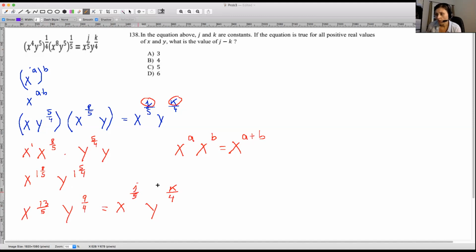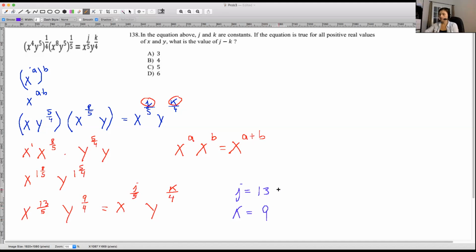So therefore, j in this case equals 13. And then if we look at y, we've got 9/4, and that would be equal to y to the power of k/4. So obviously k, well, I don't know how obvious it is, but in this case, k would be 9.